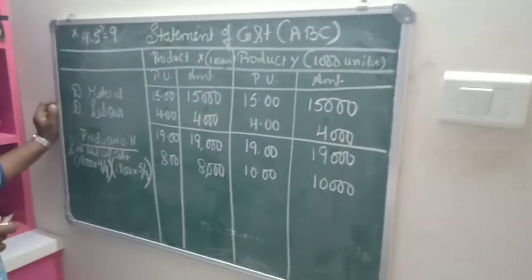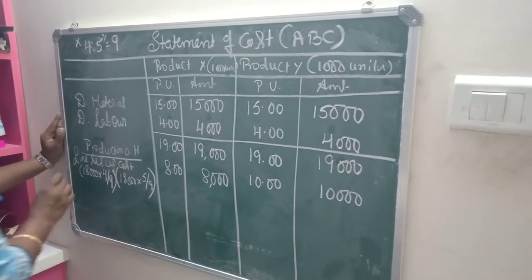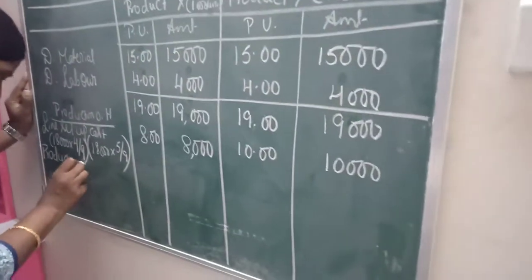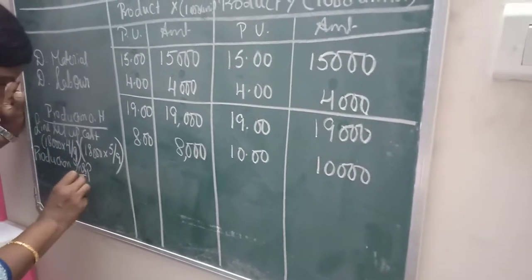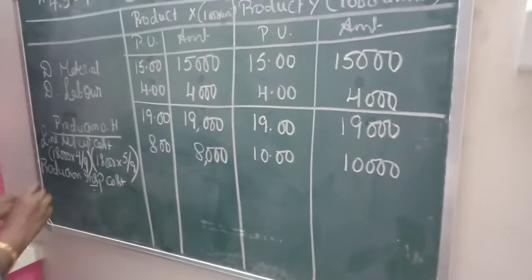Next activity is production inspection cost. Here also we divide in the same 4:5 ratio.